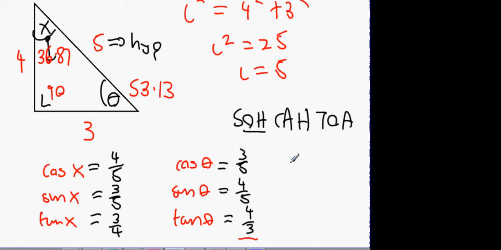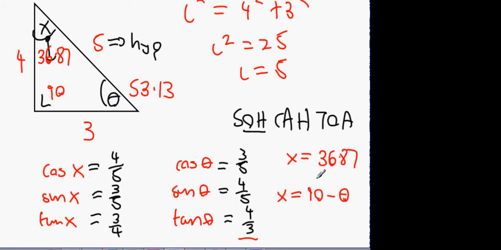So for example, look at this, okay? We originally said that x is 36.87. x has to be equal to 90 minus theta. Why is that? Because if this is 90 degrees, x plus theta must equal 90 degrees.